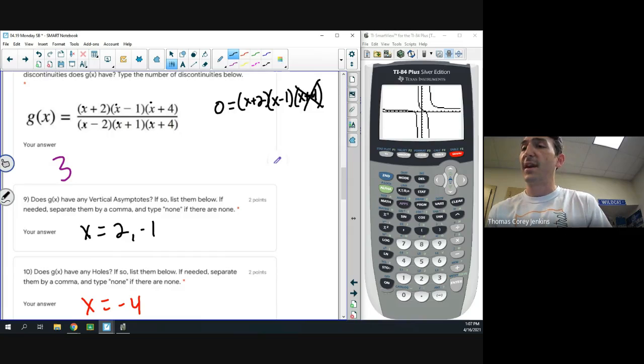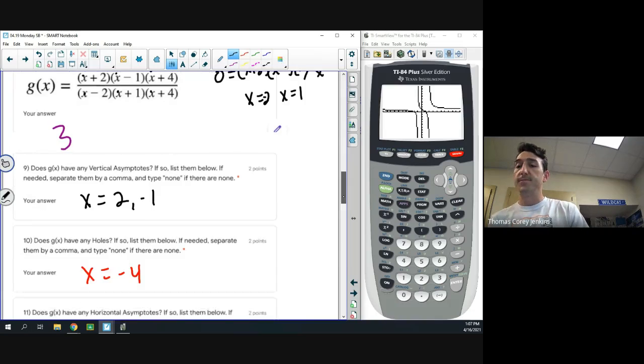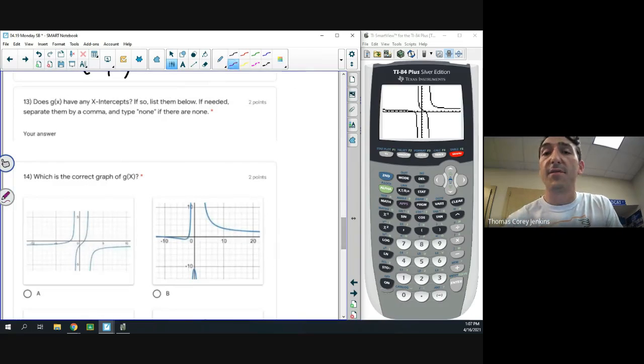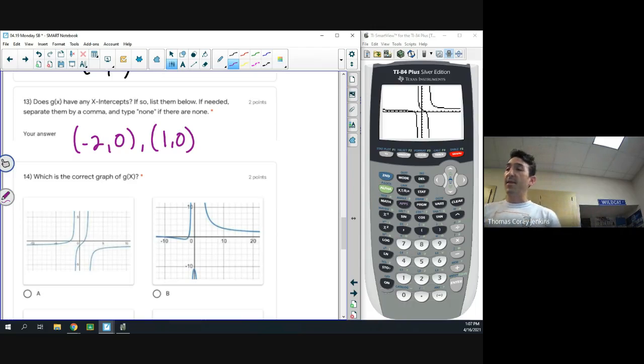So that would give you that x equals -2 and x equals 1. So we can see on our graph that appears to match up. It appears to cross the graph at -2, 0 and 1, 0. So -2, 0 and 1, 0.